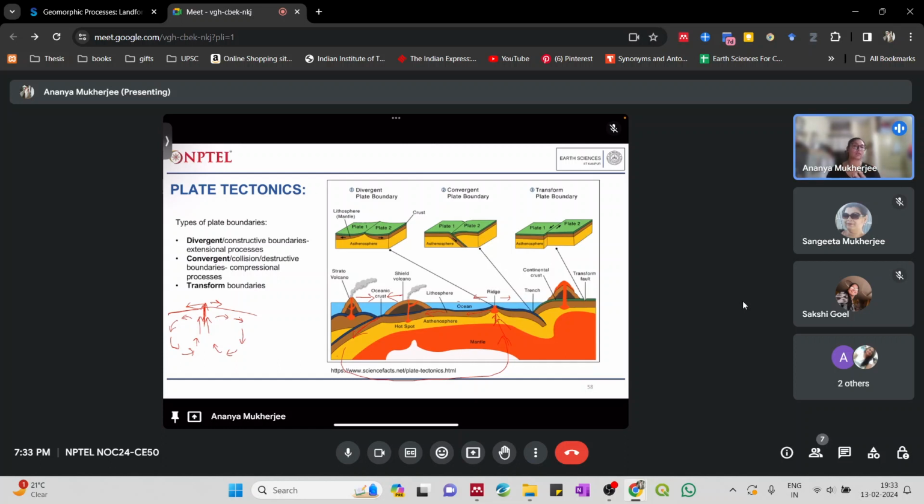In a transform plate boundary, there is no creation, or there is no material per se coming on top or going down, or even if that is happening, the magnitude is very low compared to the divergent and convergent plate boundaries. In transform plate boundaries, mostly the plates are moving past each other.